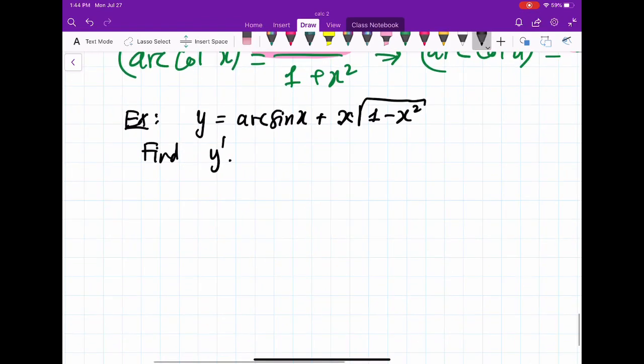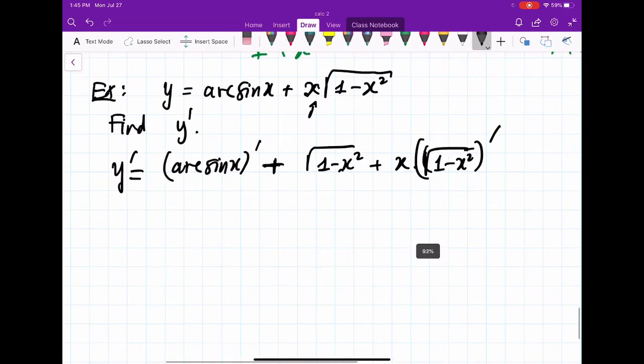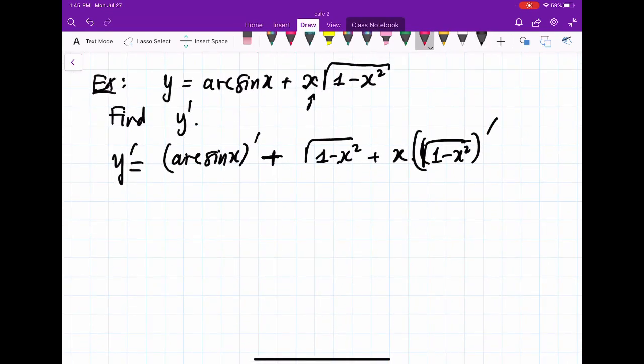So I have y prime equal to the derivative of x arc sine x plus, for the second term, we need to use the product rule. So let me do that because that is easier: the square root of 1 minus x squared plus x, and then the derivative of the square root of 1 minus x squared. So let's find them separately, and then we compile everything and get the result.